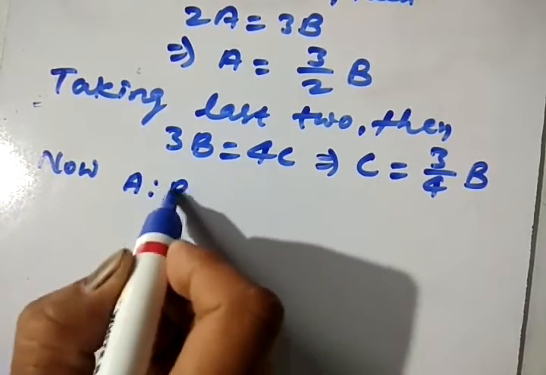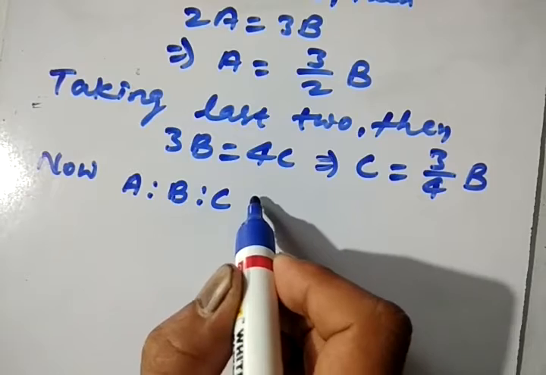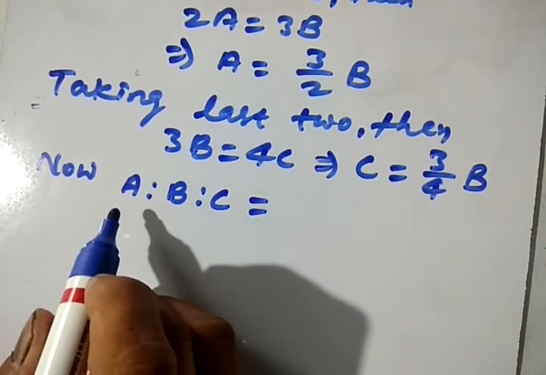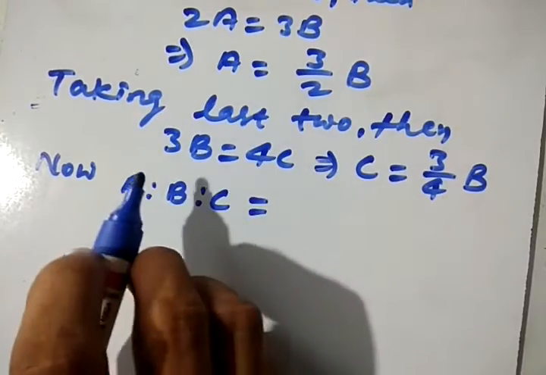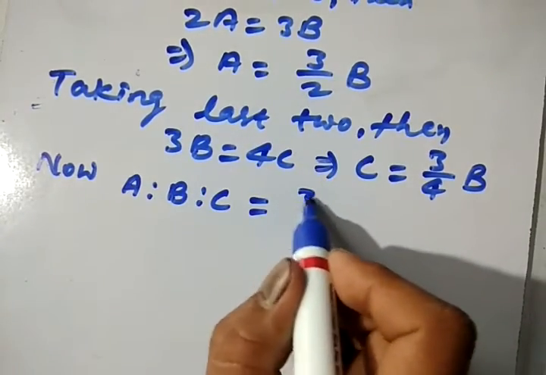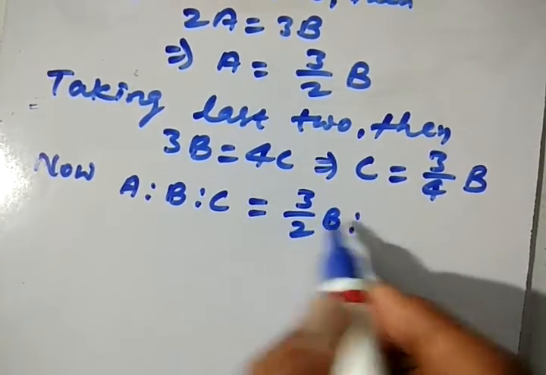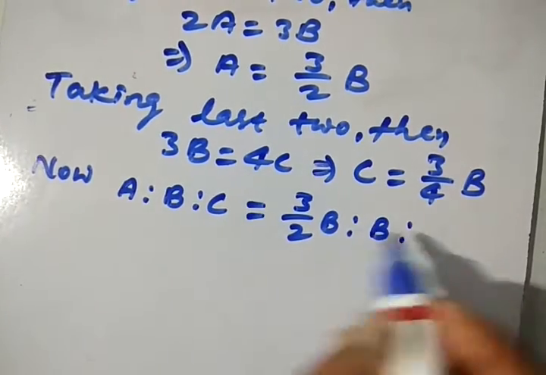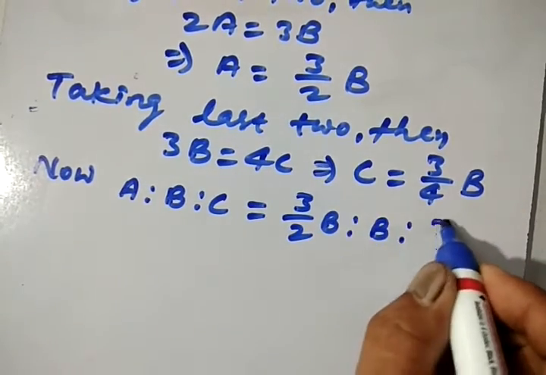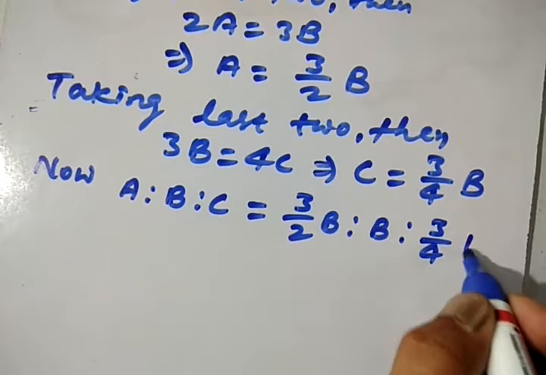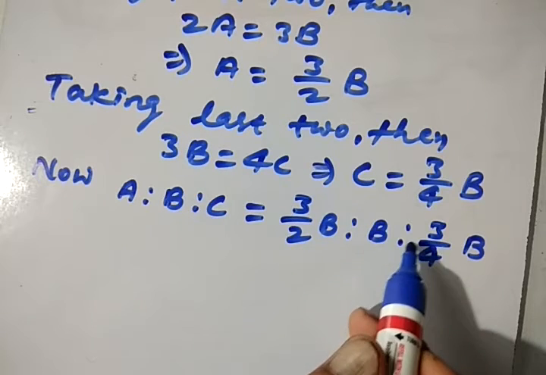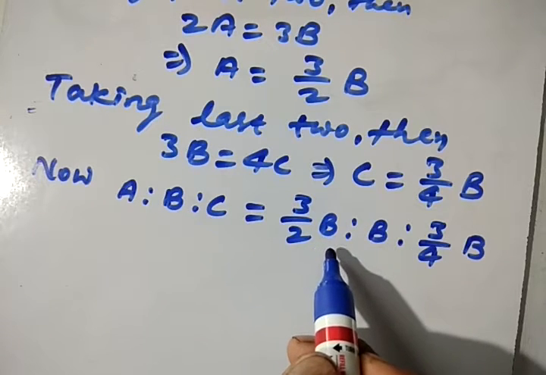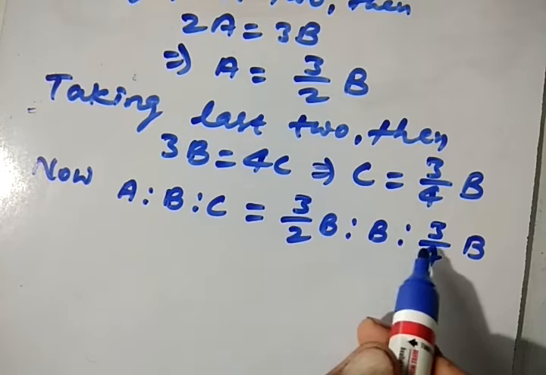Now we have to find a is to b is to c is equal to. Now we have to put the value of these. Now value of a, which is 3 by 2 b, is to b, and the value of c is 3 by 4 b. Now here we need to multiply these terms by the LCM of denominators of these terms.